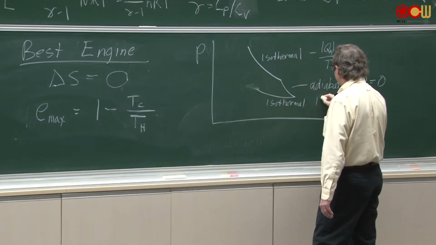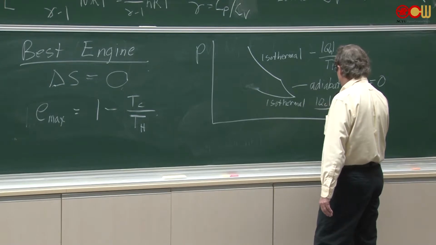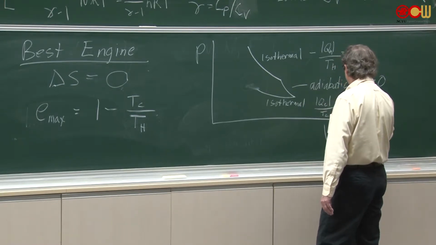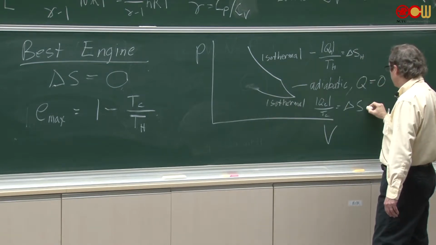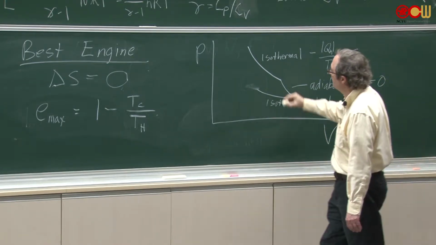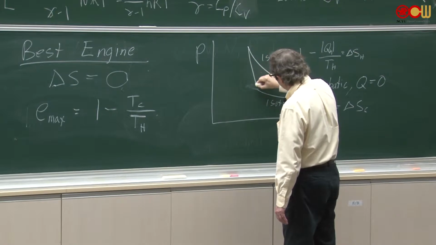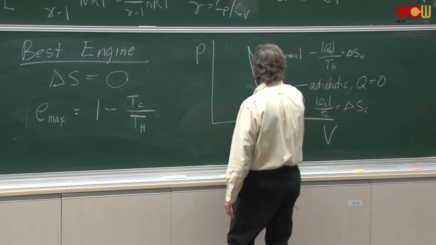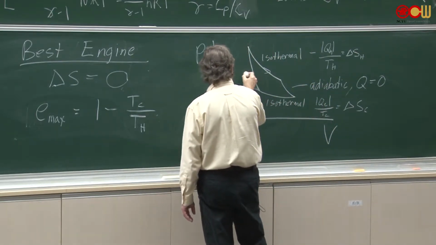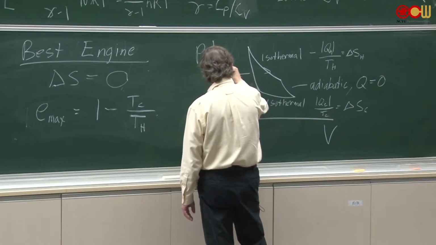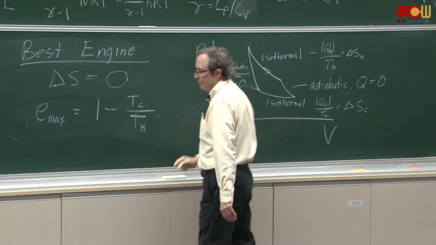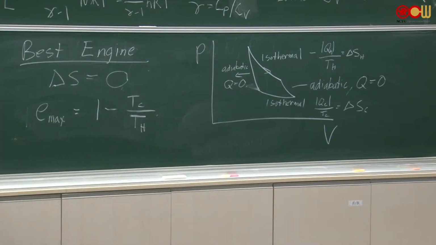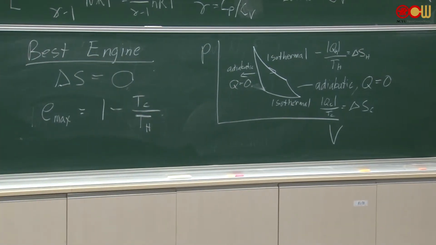And you have QC over TC is delta S there. We'll call this delta SH, delta SC. And then finally, you do another adiabatic, and you get Q equals 0. All right, so that process will give you the maximum.